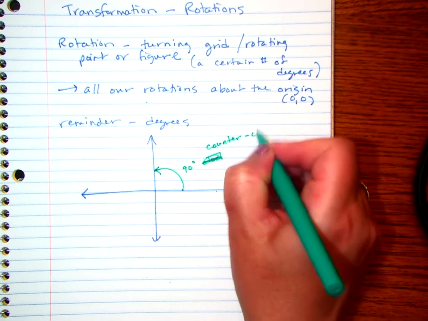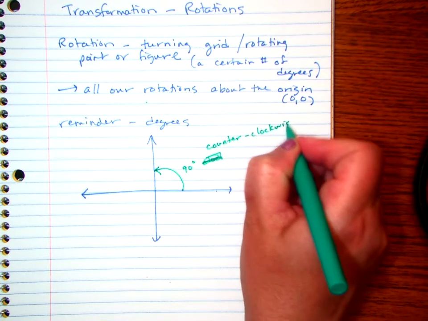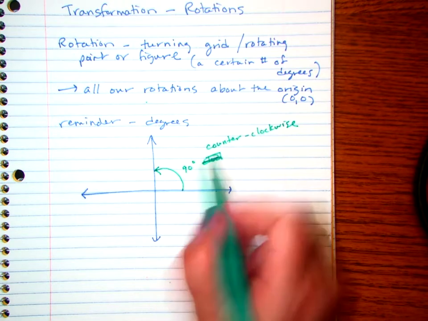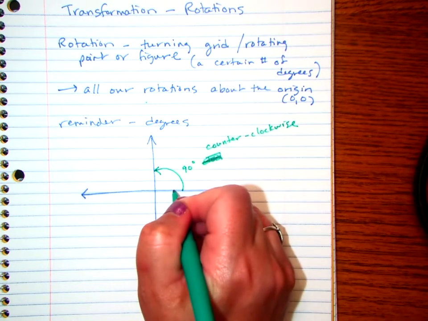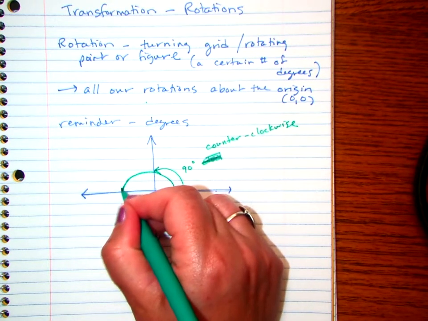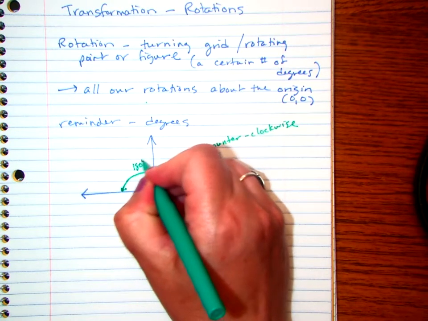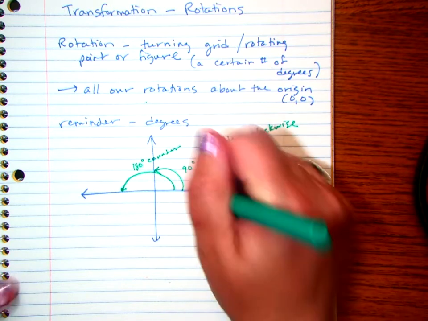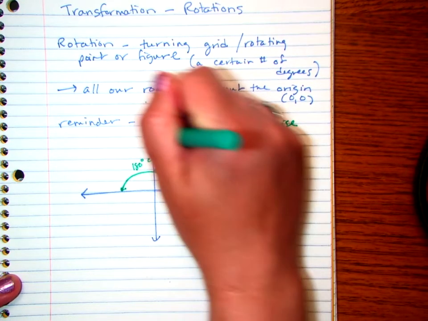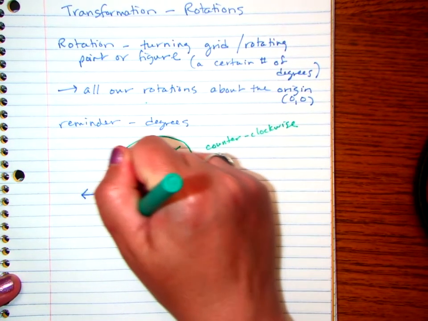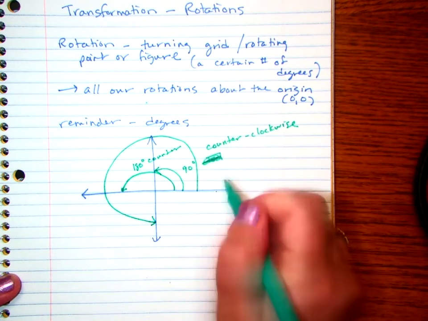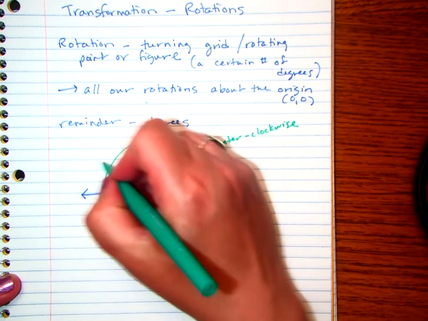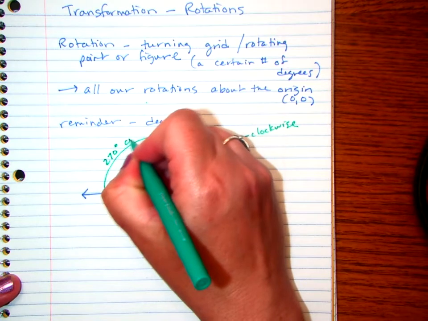So that would be 90 degrees counter. If I took a point here and went all the way here, that would be 180 degrees counter. Then if I went all the way from here past the 180 to approximately that spot, turning it that whole way, this would be 270 degrees counter.